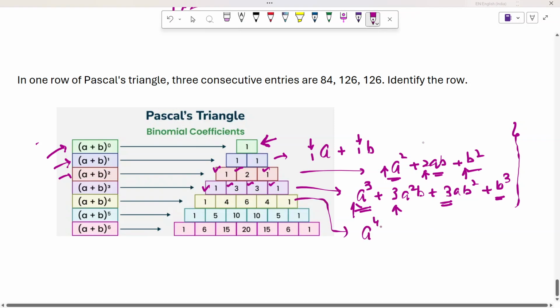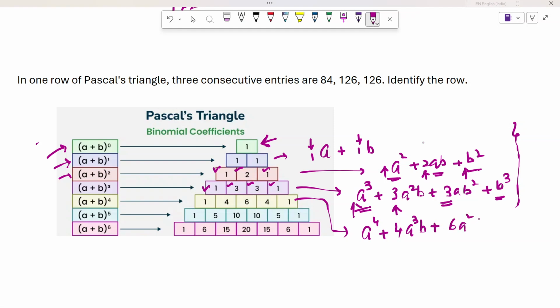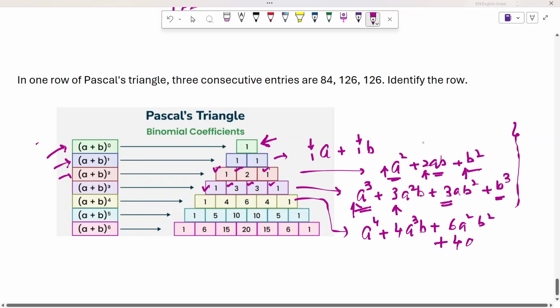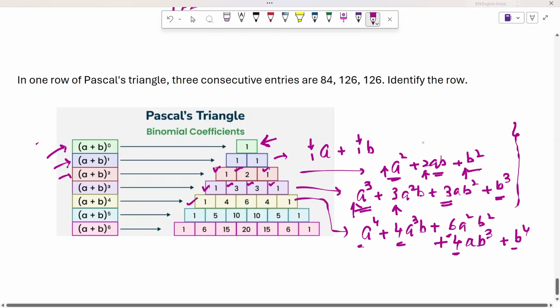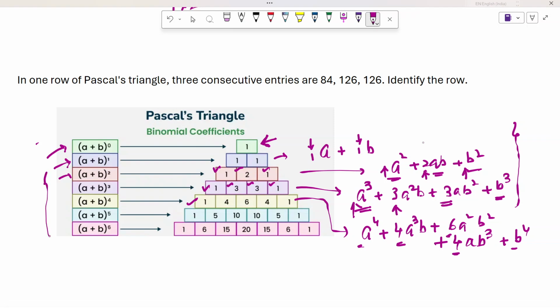That is a raised to power 4 plus 4a cube b plus 6a square b square plus 4a b cube plus b raised to power 4. So the coefficients are 1, 4, 6, 4, 1. Okay, correct. And similarly we can talk about other expansions. Okay, the point is very clear.